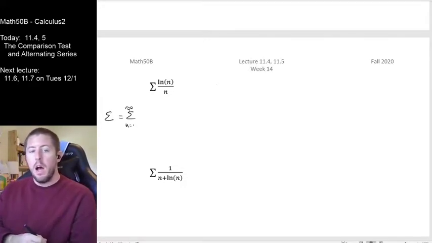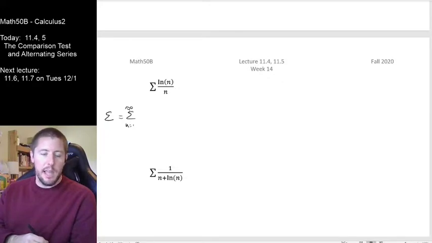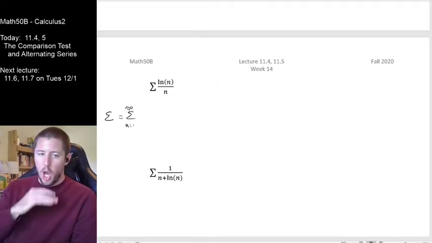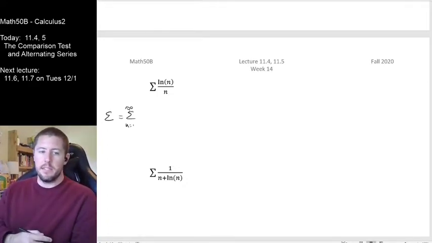So for this infinite series, what we're saying is we'd like to know if this converges or diverges. And as of right now, we've only got the comparison test as our tool to use. So for these couple examples, we're going to only attempt to use the comparison test to see if we can deduce its convergence or divergence. If we get stuck, we'll use a different test in a minute.